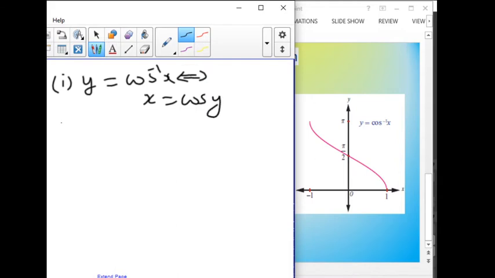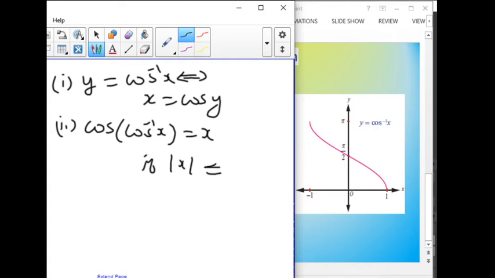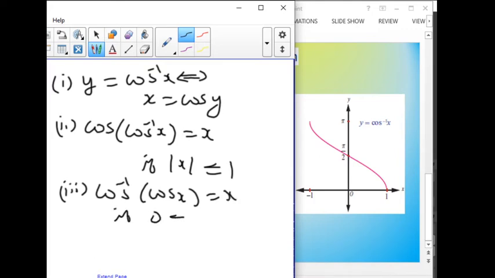Second, cos of cos inverse of x is equal to x if modulus of x is less than or equal to 1. And the third one is cos inverse of cos x is equal to x if 0 is less than or equal to x less than or equal to pi.